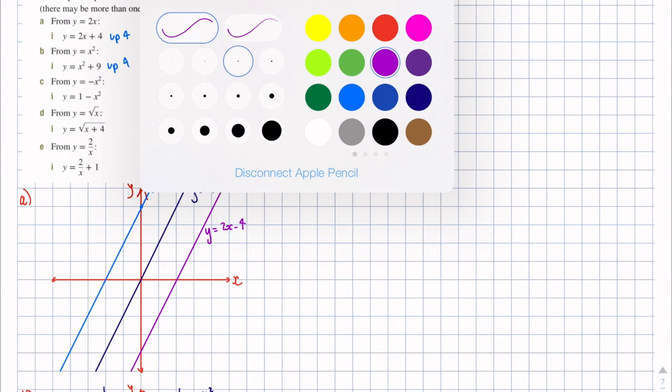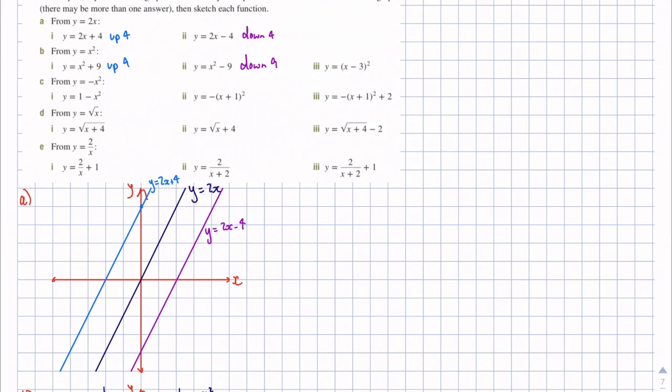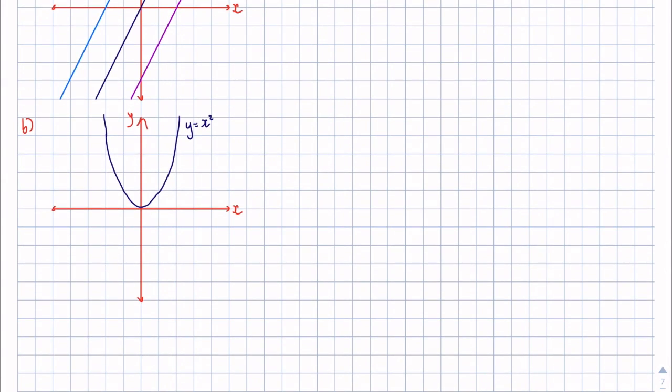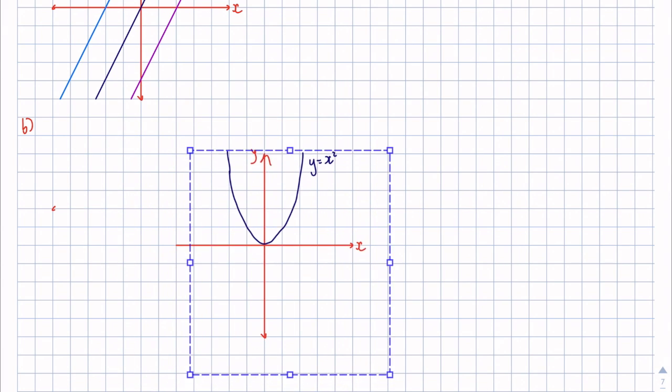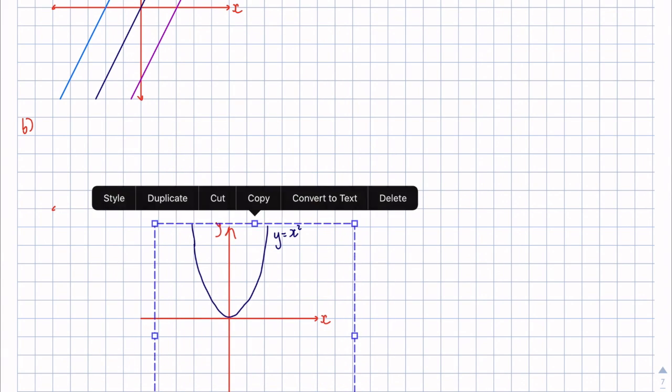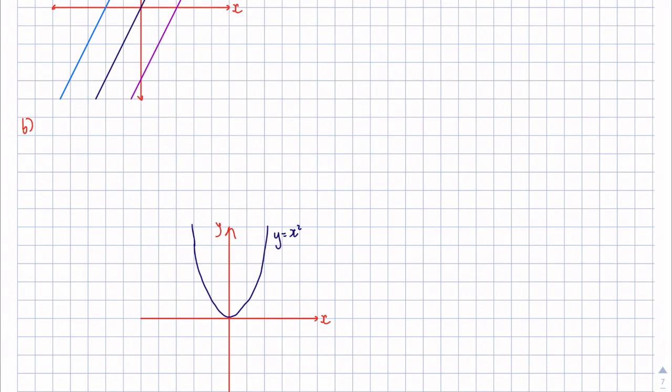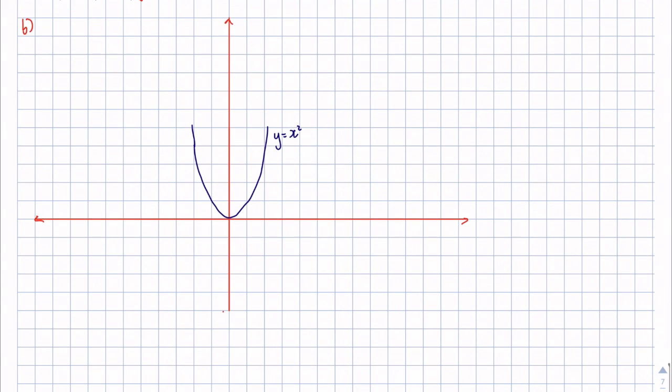The third one has gone right 3. So I'm going to give myself a little more space here, because everything's 9. I'm going to make sure my graph goes up to at least 9, and down to at least minus 9.